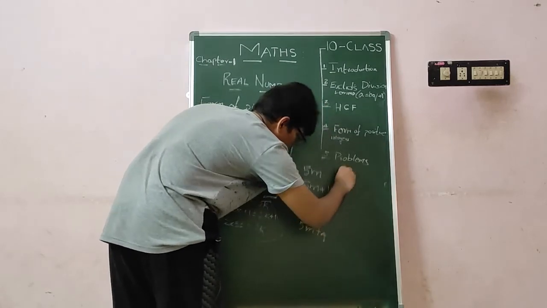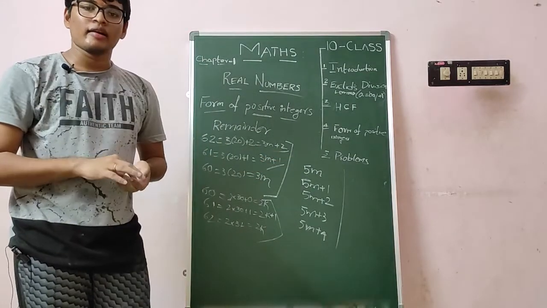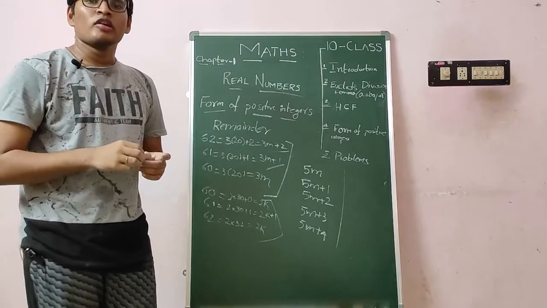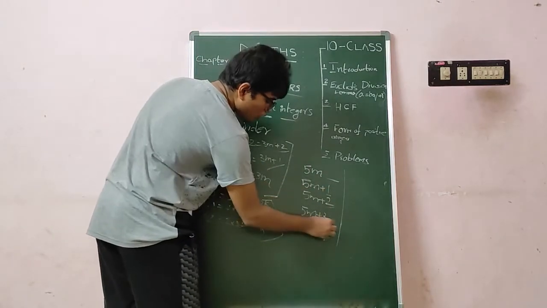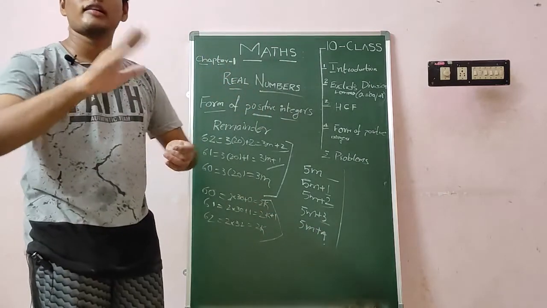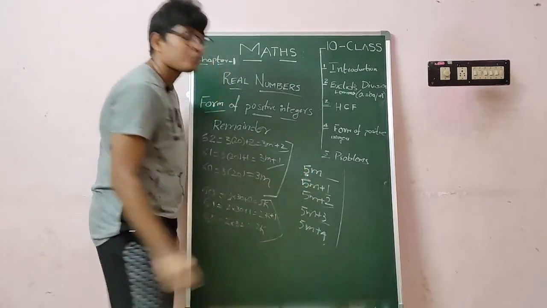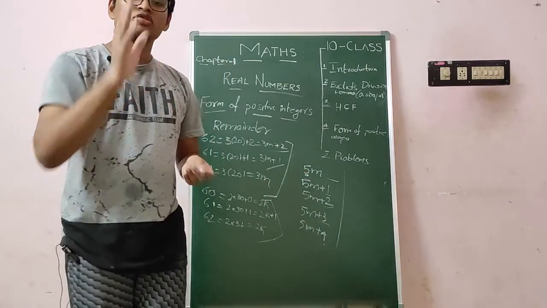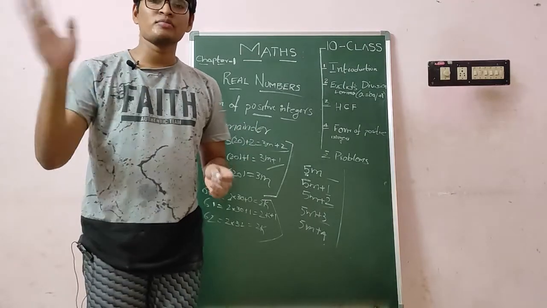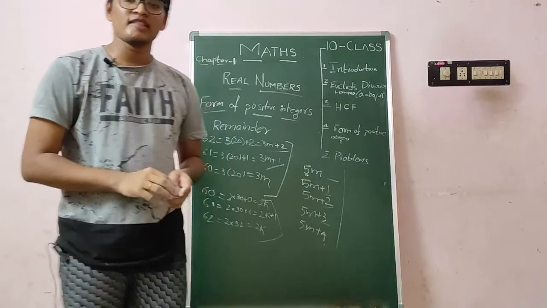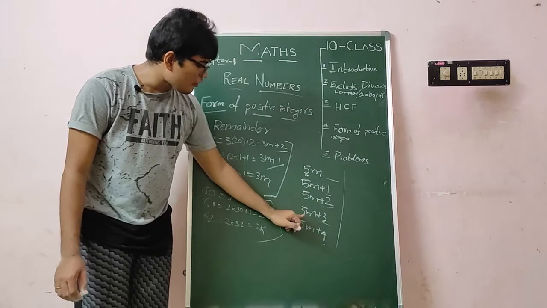Only till here, because if you divide a number by 5, you will surely get a remainder of 0, 1, 2, 3 or 4. You can't get a remainder greater than 4 because we have already discussed that the remainder is always less than the divisor.